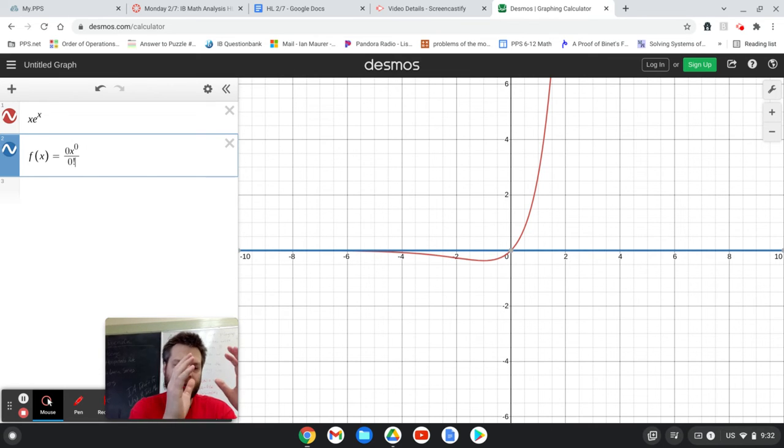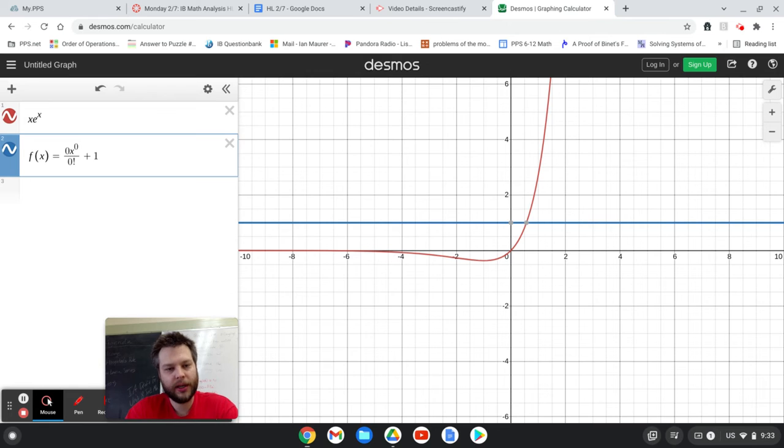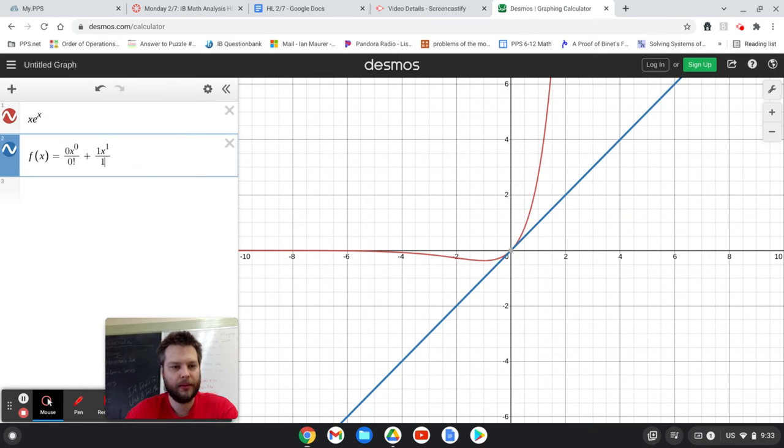So it's the f of 0, x to the 0 over 0 factorial. Of course, you didn't even need to type anything because that's all just 0. Then f prime was 1. It's the first derivative, so I go x to the first power, and I divide by 1 factorial. Of course, writing the first power, writing 1 factorial, all that's a little bit redundant.